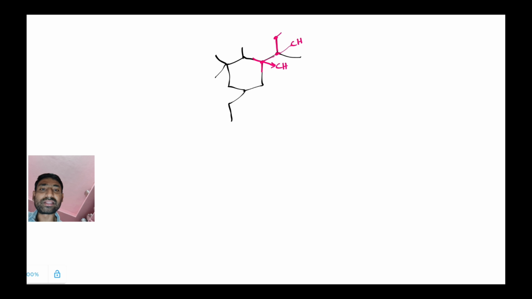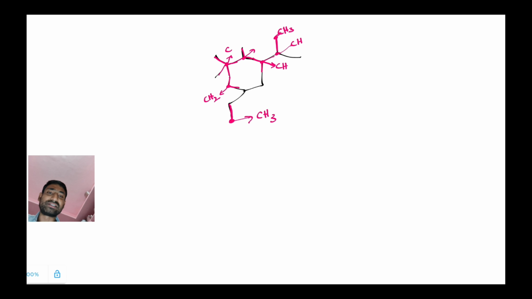Here CH, because 1, 2, 3 bonds are there. Here 1, 2, 3, 4 bonds are there, so there is only carbon, no hydrogen. Here 1, 2 bonds are there, so there is a CH2 group. This carbon has only one bond, so that is CH3.